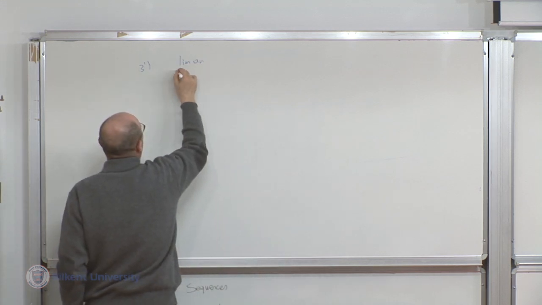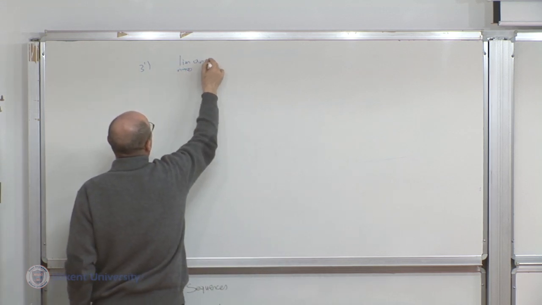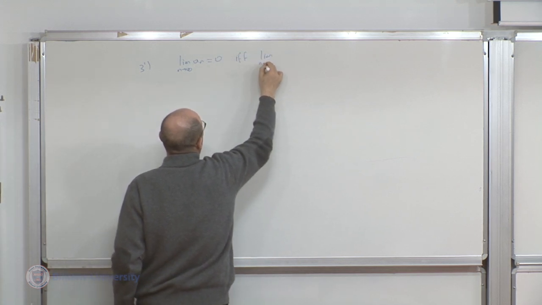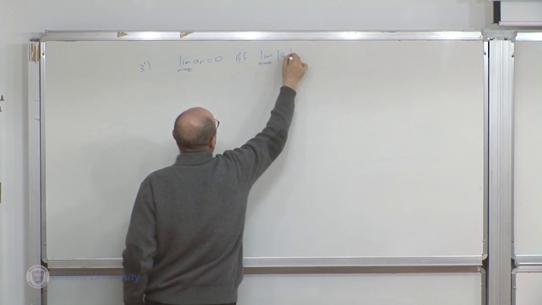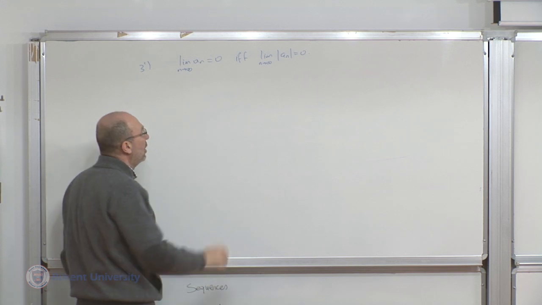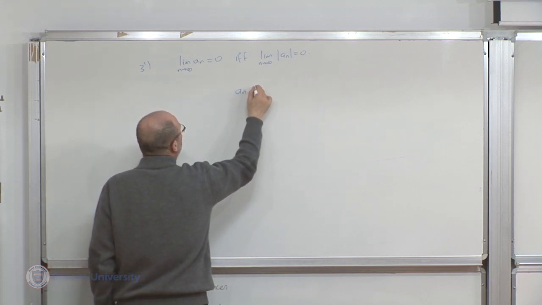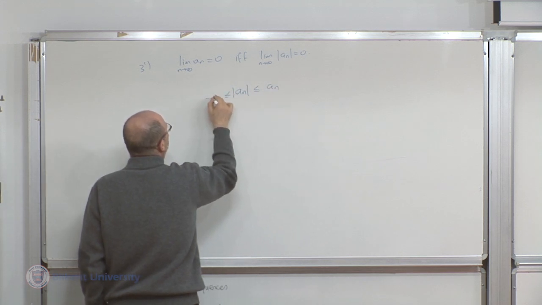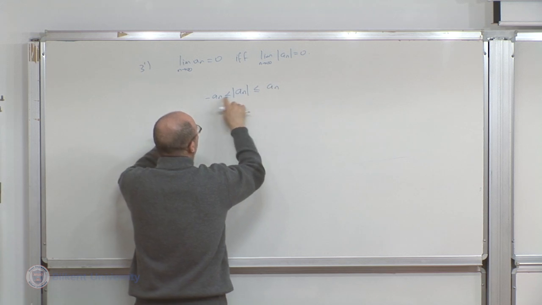the limit of a_n as n goes to infinity is equal to 0 if and only if the limit as n goes to infinity of the absolute value of a_n is equal to 0. Okay, so here you see that this thing is either equal to a_n or minus a_n. Okay, so this is either here or here.